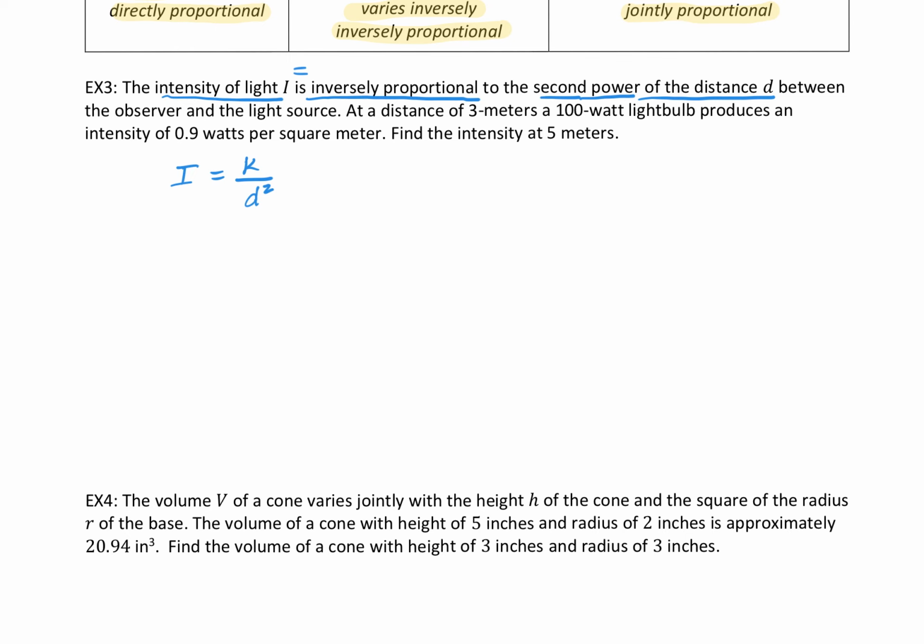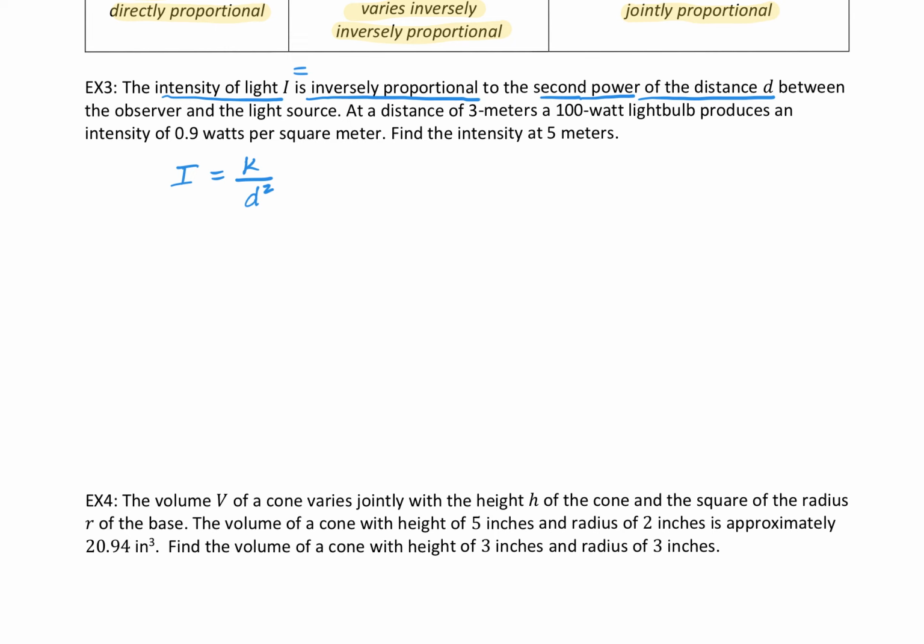The second part of this gives me information so that I can solve for my k value. It says at a distance of 3 meters, so that's when d is equal to 3, a 100-watt light bulb produces an intensity, so the intensity is your I, of 0.9 watts per square meter.